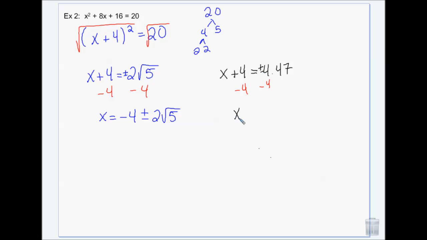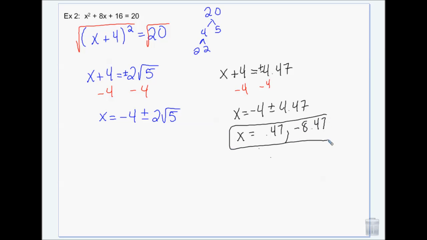So I get x is equal to negative 4 plus or minus 4.47. So that means x is equal to negative 4 plus 4.47, so that's 0.47, and negative 4 minus, so that's negative 8.47. These are decimals.